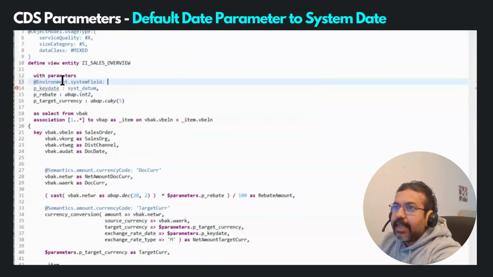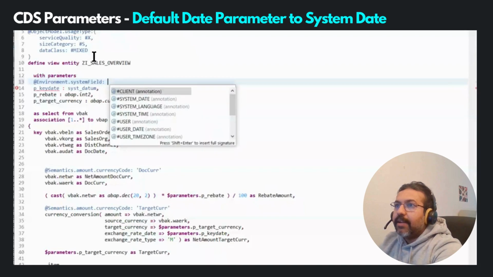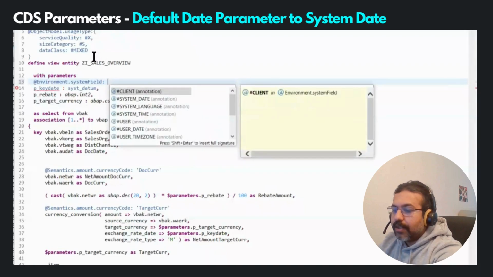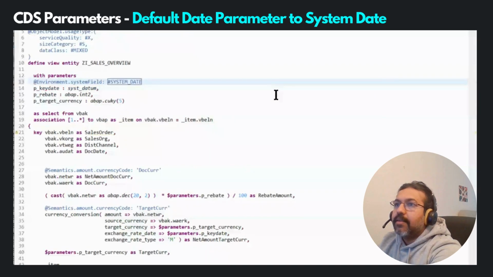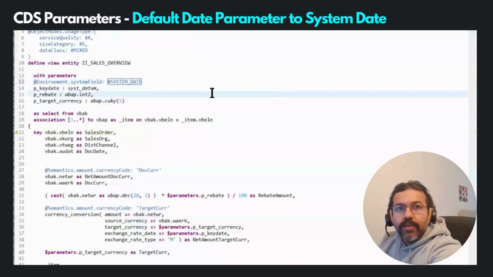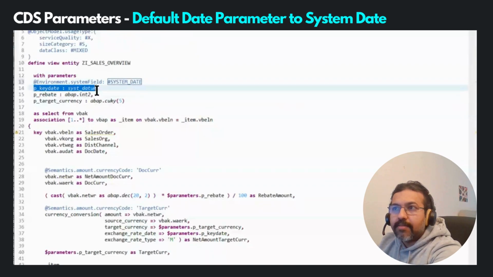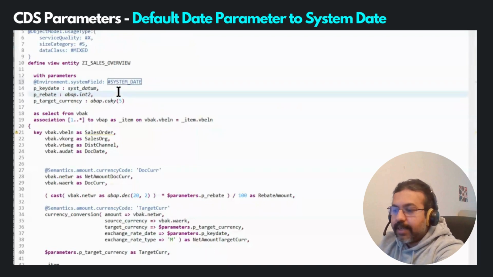So we are basically telling the system that the p underscore key date is going to be a system field, and the value of the annotation, you can use code completion here, and we see over here the different possibilities that we can have. And the one that we are interested in is of course the system date. All right. So what this would do is that if this particular importing parameter is not passed by the system, it's going to be defaulted to the system date.